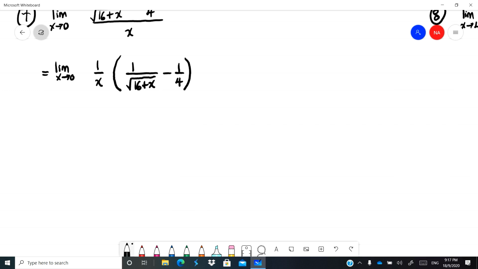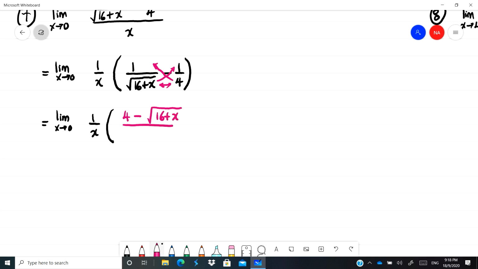It's very easy actually. You just have to do some simplification of the term in the bracket first. So we're going to simplify this as the limit as x approaching 0 of 1 over x. You have to cross multiply: this one multiplied with this one, and this one multiplied with this one. So that will be 4 minus the square root of 16 plus x, over 4 times the square root of 16 plus x.